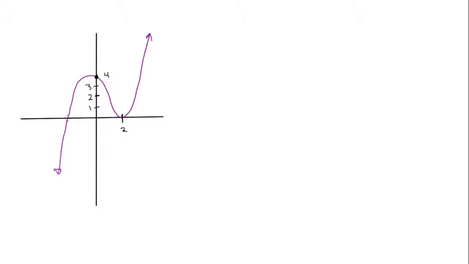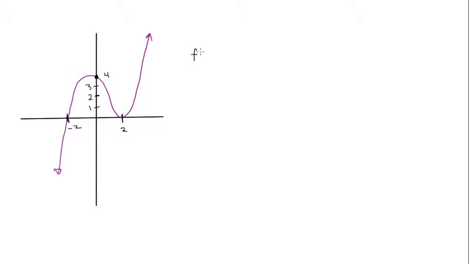And this point over here looks like it's at about -2. Okay, so that gets me somewhat of a labeling of my axes, and this is roughly what the function looks like.